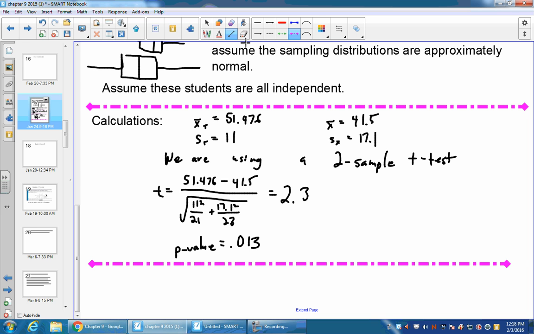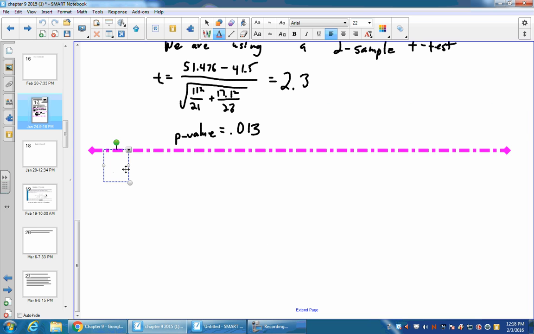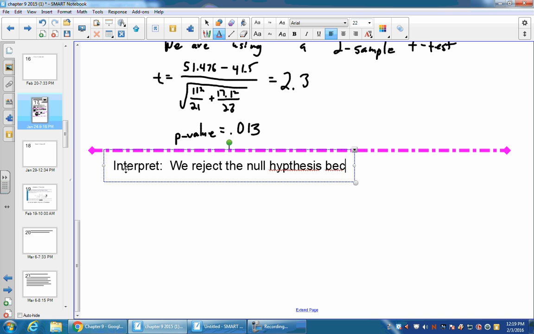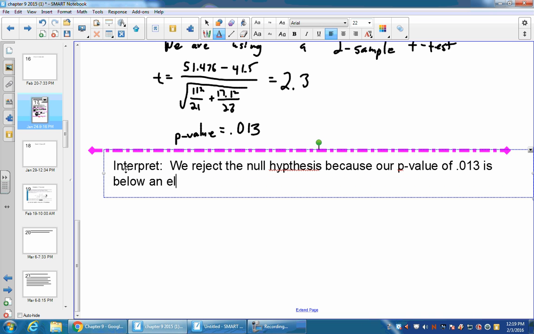Now we just want to interpret. We reject the null hypothesis because our p-value of 0.013 is below an alpha value of 0.05.